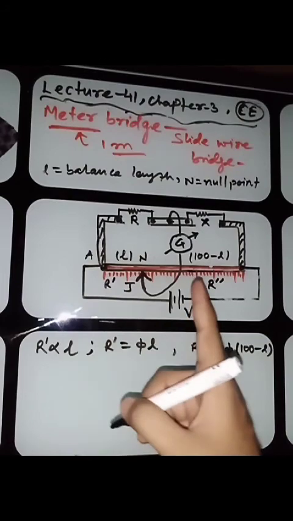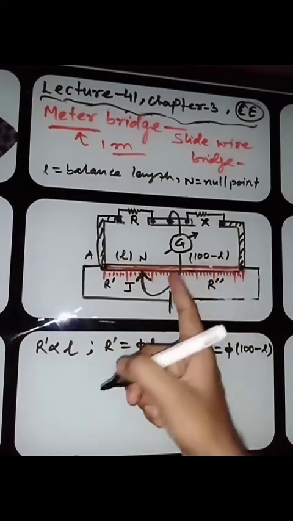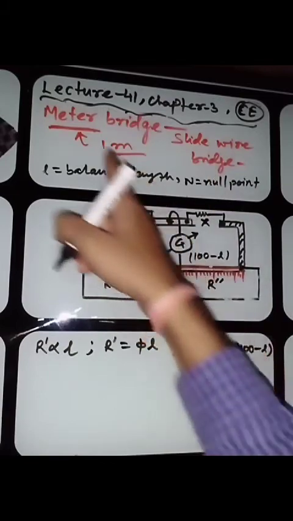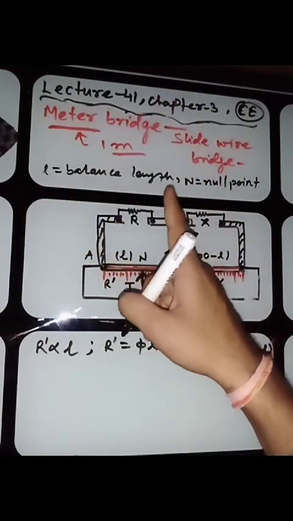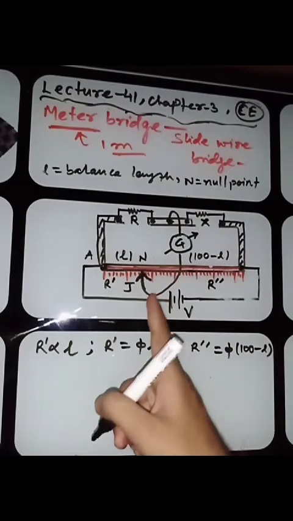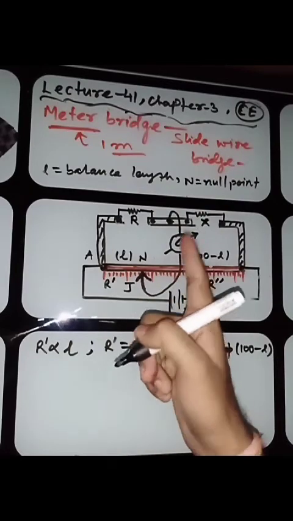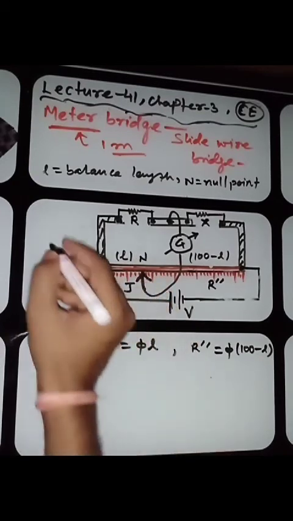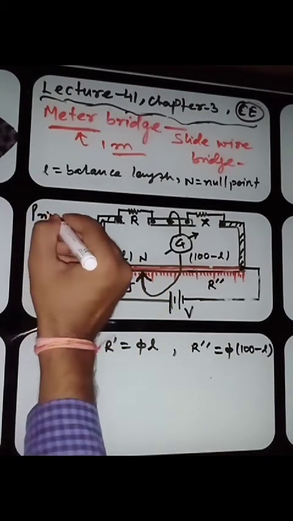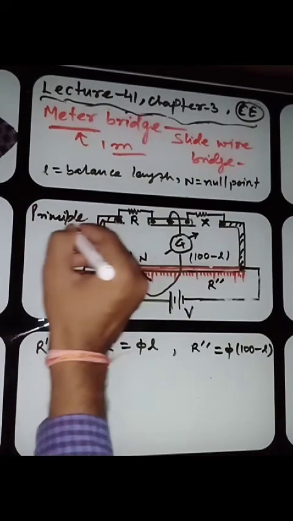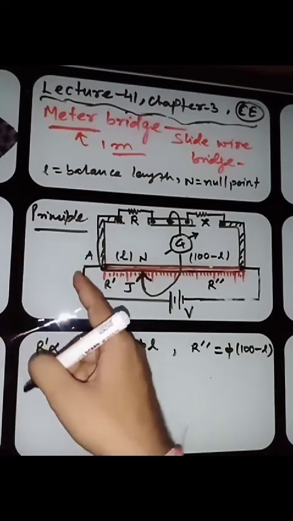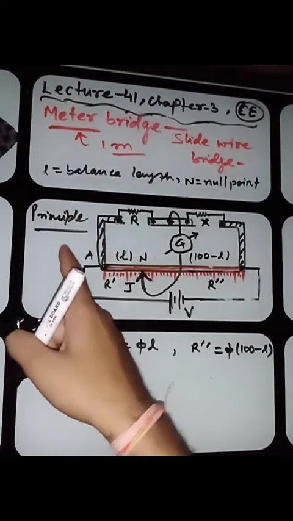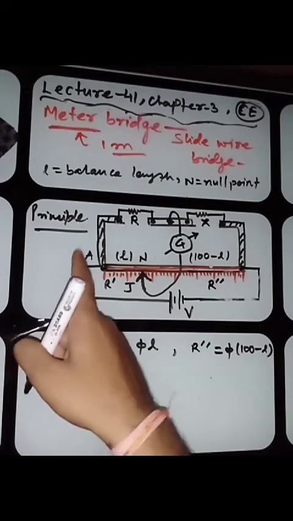Remember, my dear students, how you have to note down in your note copy. First you have to write the meter bridge, then you have to write the circuit diagram and draw this one, and then you have to write the principle. Remember, principle. So the principle will be, kindly write down in your note copy, it works on the principle of balanced Wheatstone bridge.